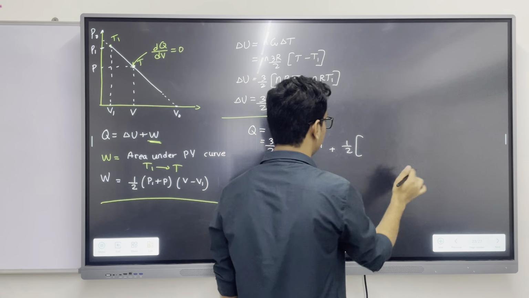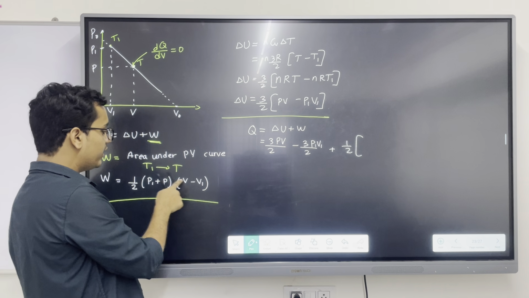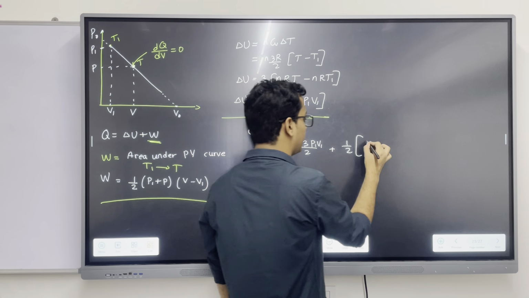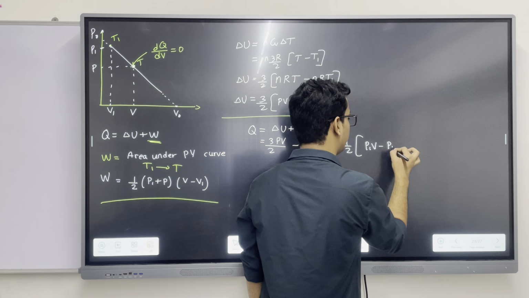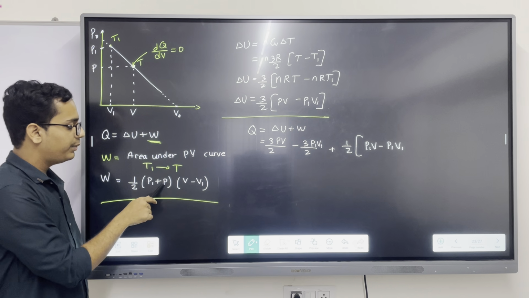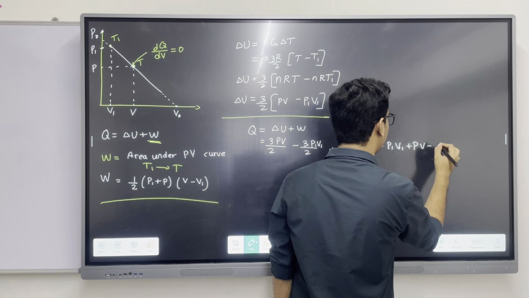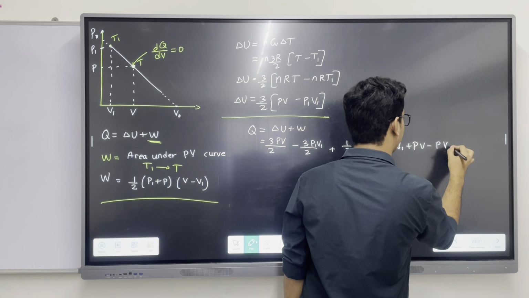I'll write this again. So work done, I'm writing the work done only. P1 into V minus P1 into V1, minus of P into V1, plus P into V.